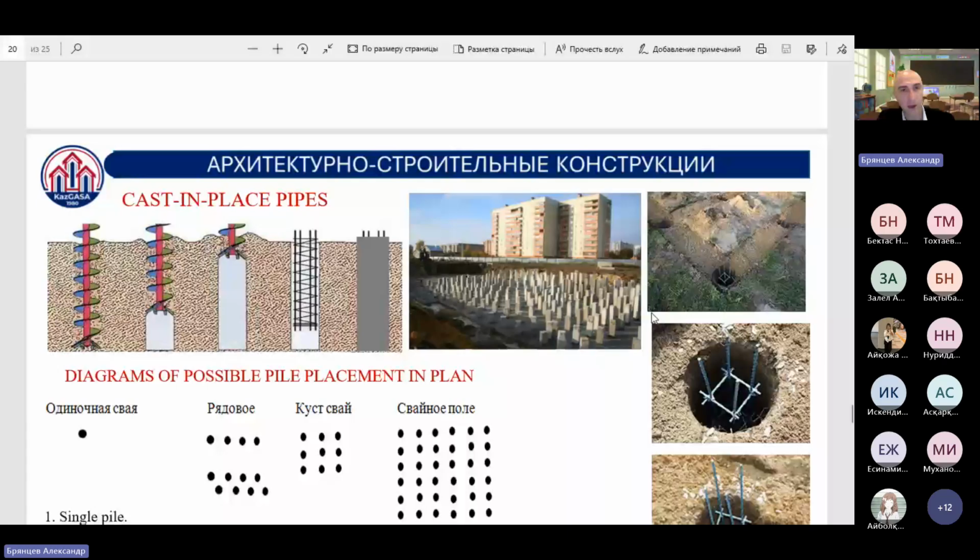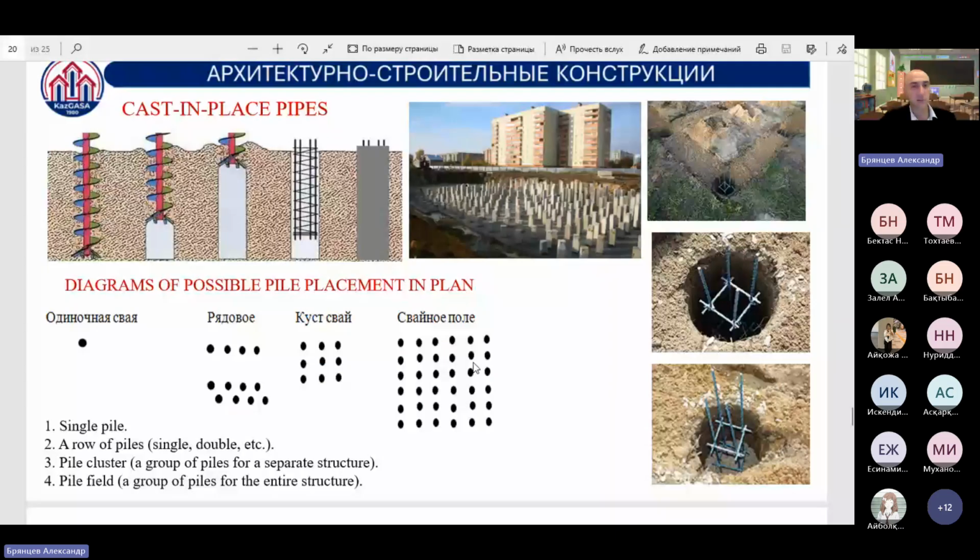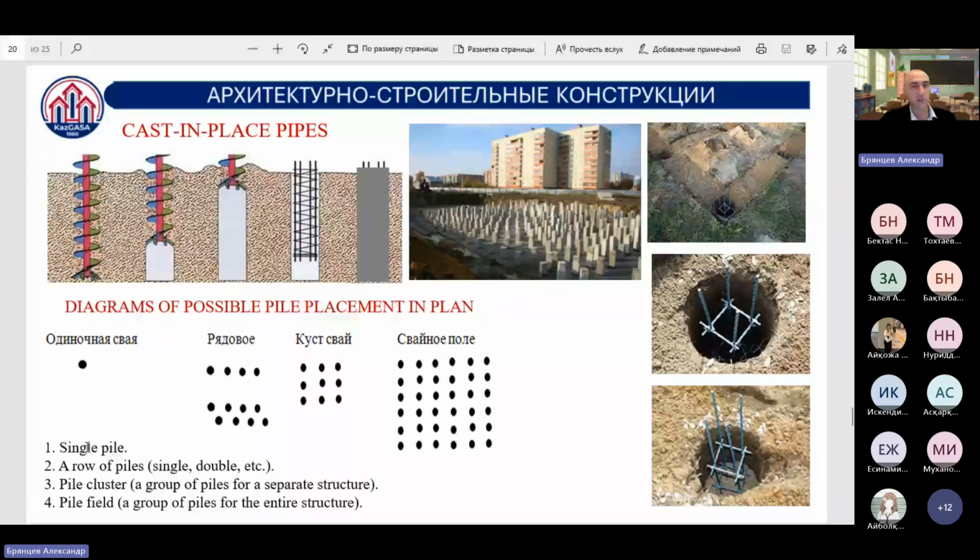So the pile arrangement schemes or diagrams can be divided into single piles, a row of piles, so multiple lines of continuous walls or beams, a pile cluster, which is a group of piles under a column or a heavily loaded support.